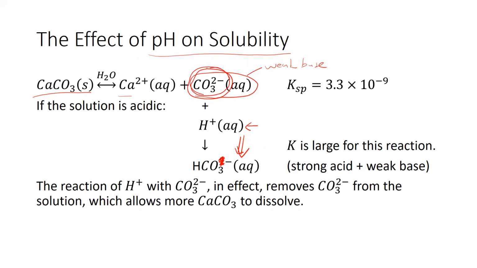And if you're removing that from the equilibrium, then that causes this reaction based on Le Chatelier's principle to pull over to the right. So it means that calcium carbonate will be more soluble in an acidic solution, right?